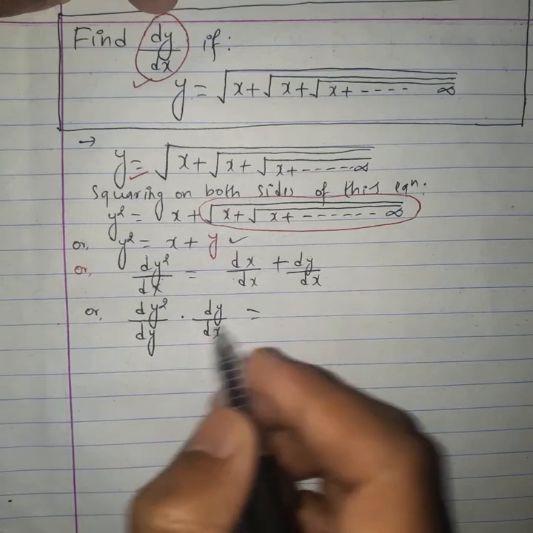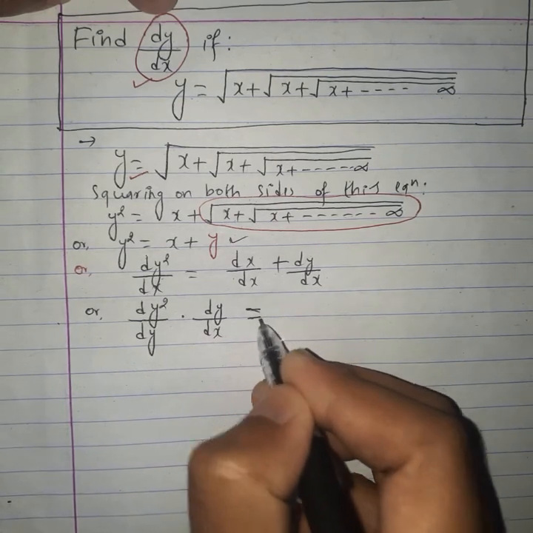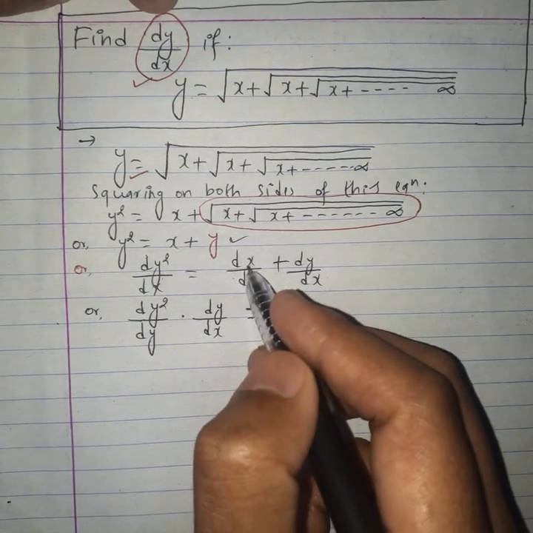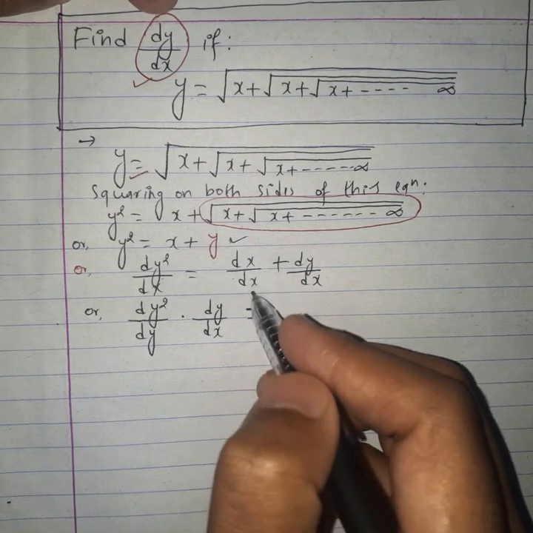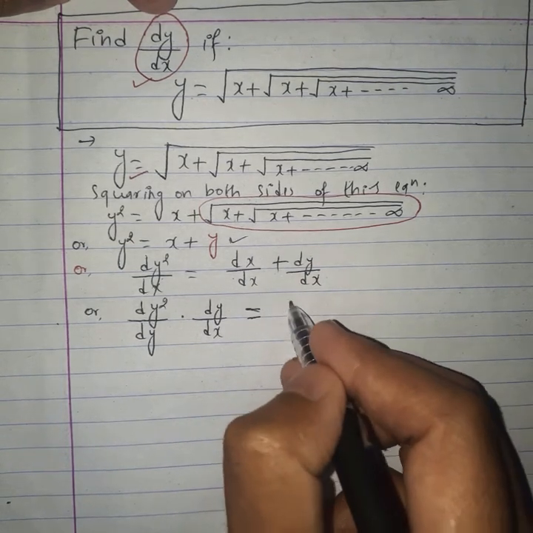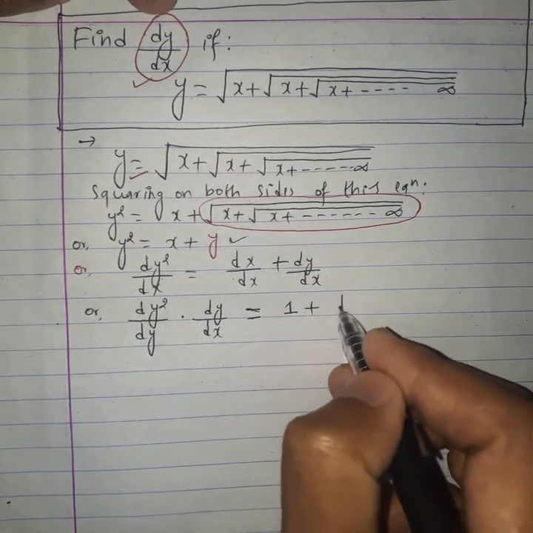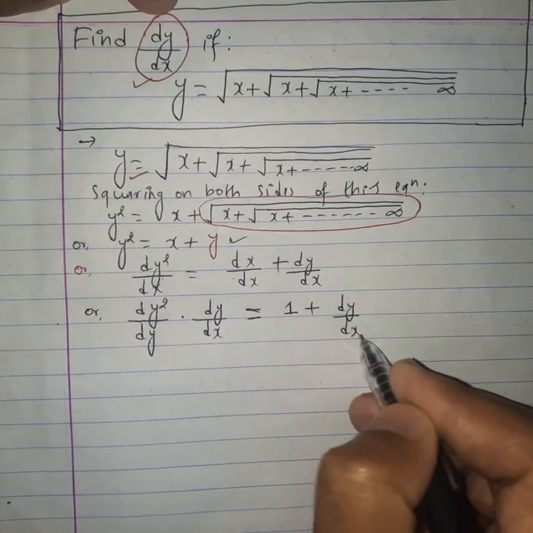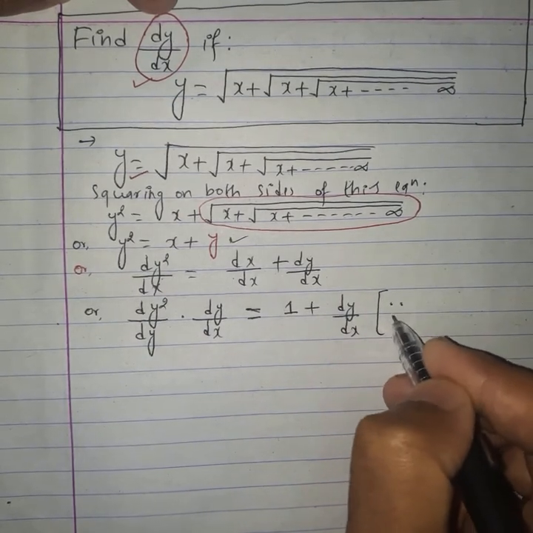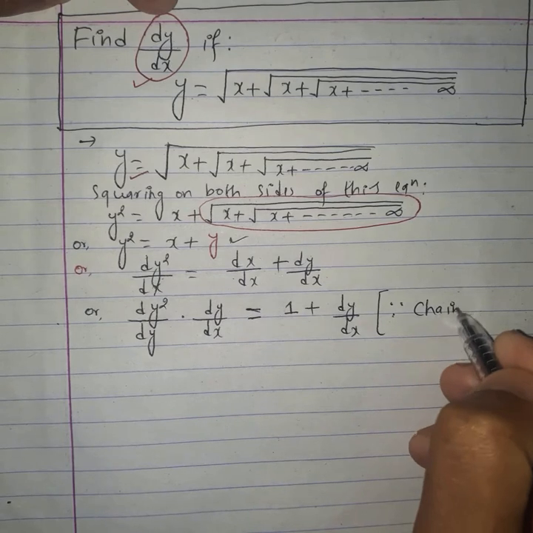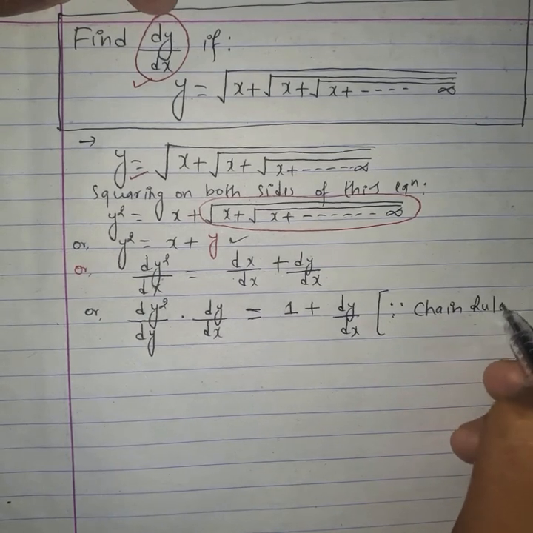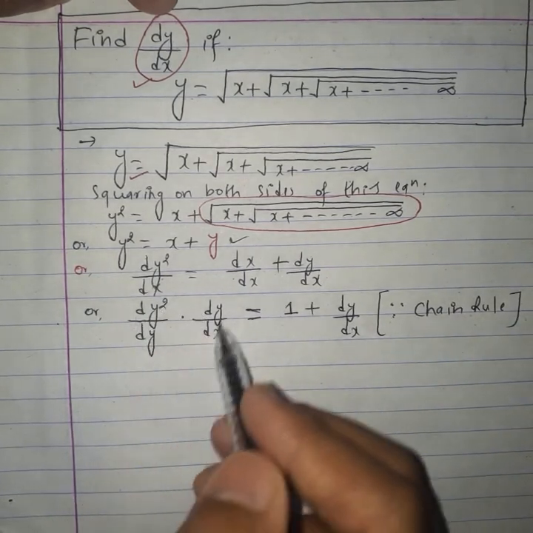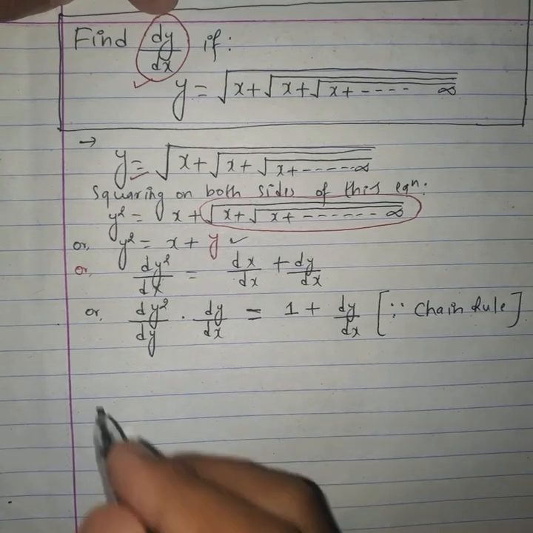Here we just use the chain rule. This is equal to, and the derivative of any variable with respect to the same variable is always 1. Please memorize that. And this is dy over dx. This rule is called the chain rule.